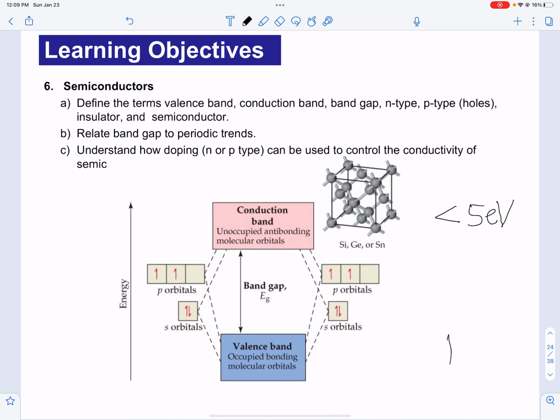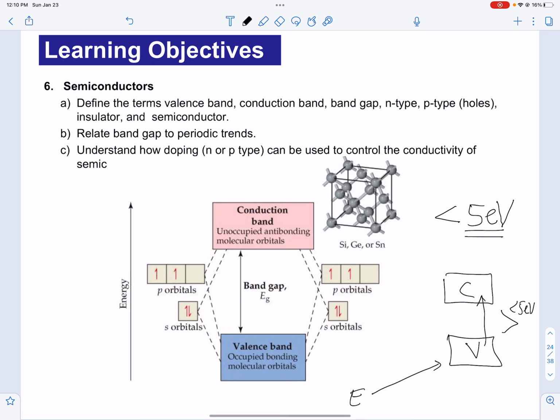So what happens when your valence band and your conduction band have a band gap of less than 5 electrovolts? In that case, you can control it. You can change the material to make the band smaller. Because the band is not that big, you can apply energy, could be heat, could be electricity, to force the electron to jump. If you try to do it with something with 5 electrovolts, that's not going to happen.